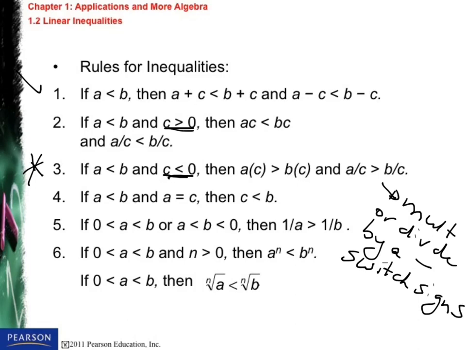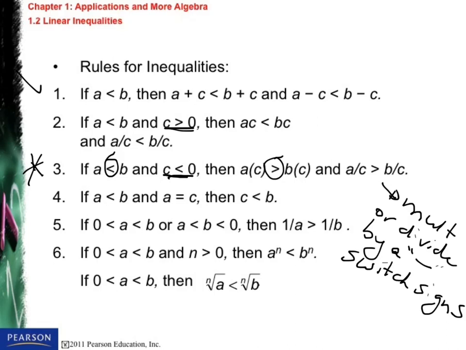This is probably one of the rules that is stated this way mathematically, but that's in practicality what you do. You multiply or divide by a negative number. It'll be in the last step of your solution. Then you're going to turn the sign around. If it's less than, it will then become greater than.